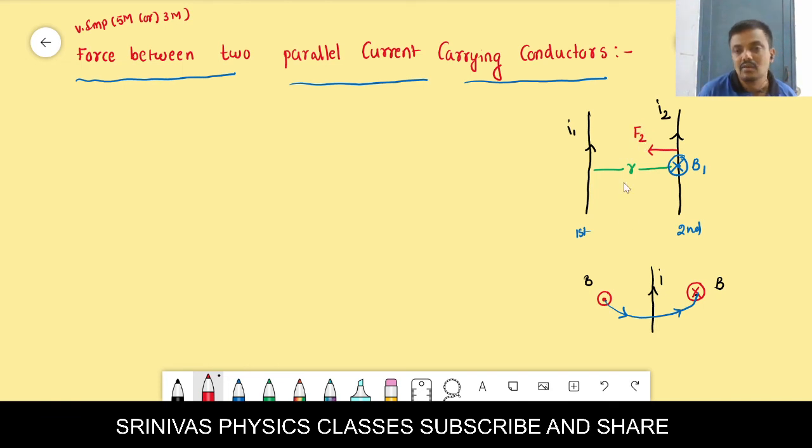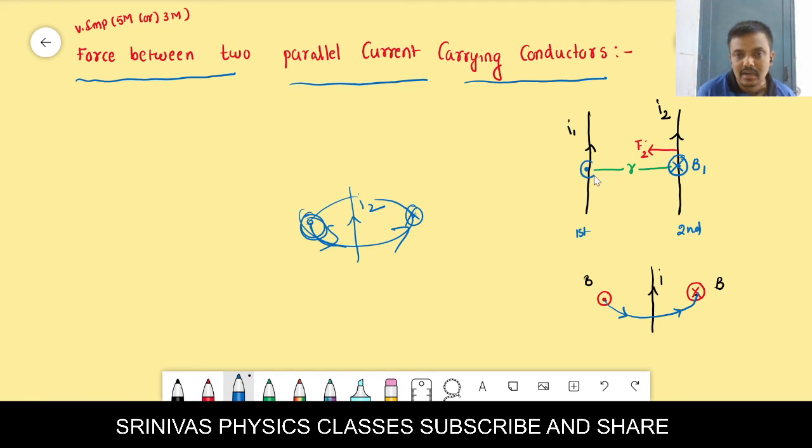Next, similarly, I want one more point: around the second wire also a magnetic field generates. Is it correct? Around the second wire, this is the second wire. Around the second wire also a magnetic field generates. Here the field is inward, here the field is outward. Line is coming out, that's why outward field, right? For the second wire, at this point I want the field.